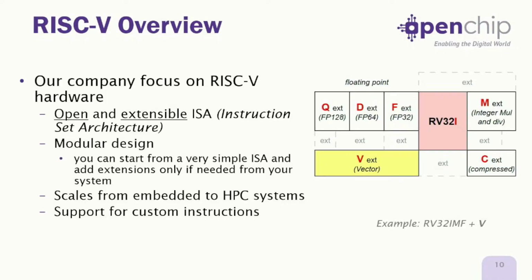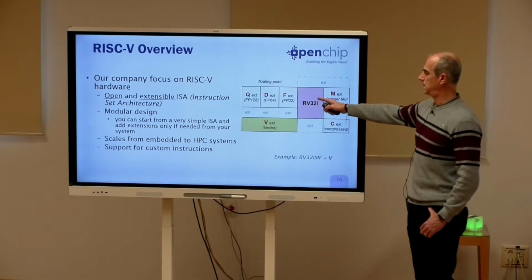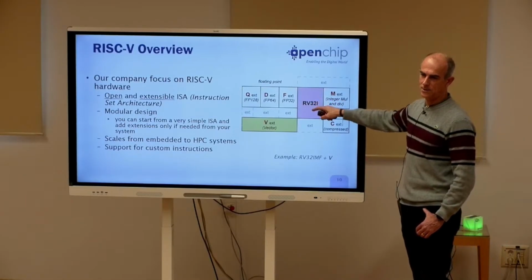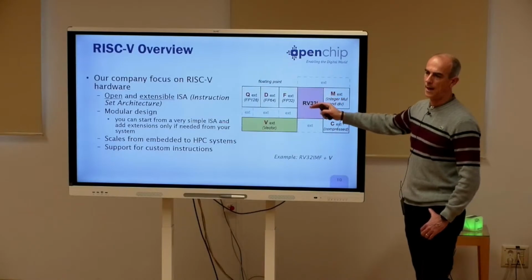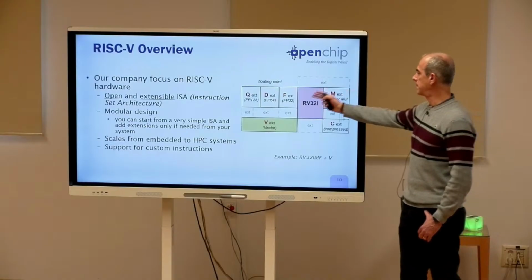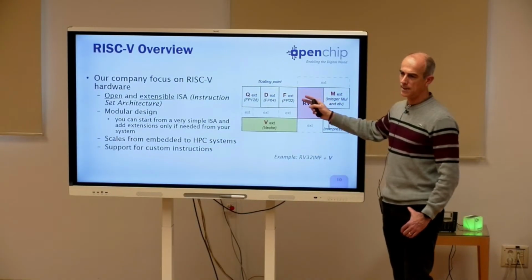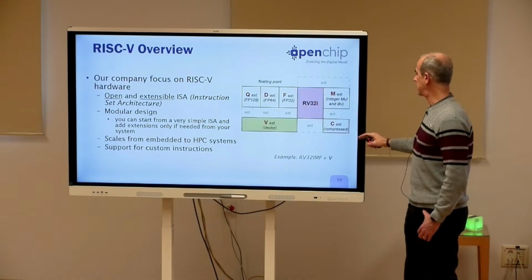It's an extensible open source instruction set architecture. You can start from a very simple instruction set, which is, for example, this one, RISC-V 32-bit, which just handles integer operation. And then you can add a module. For example, if you want to do operations with floating points, you just add a new set of instructions which deals with floating points, and so on.